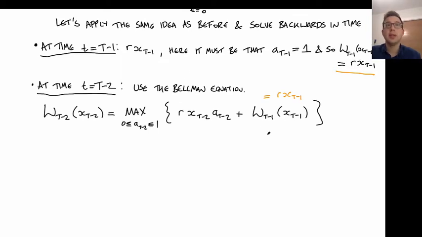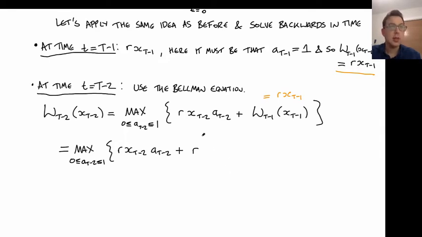So I can then substitute this into the next line. What I'm going to have here is the maximization of the same expression as before, r of x of t minus 2, a of t minus 2, plus r times x of t minus 1.